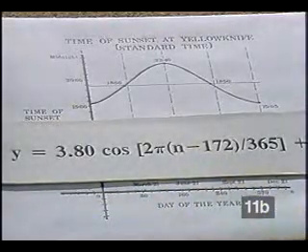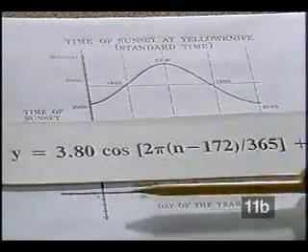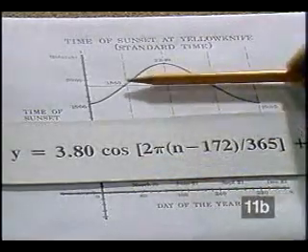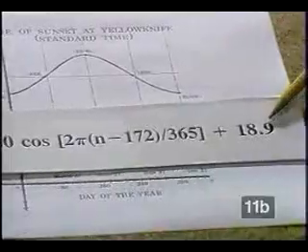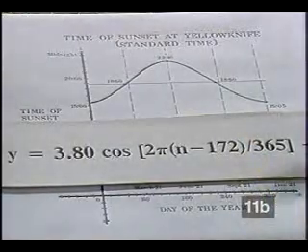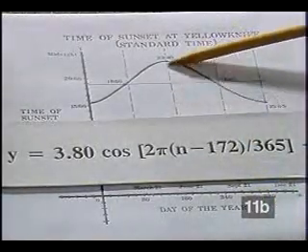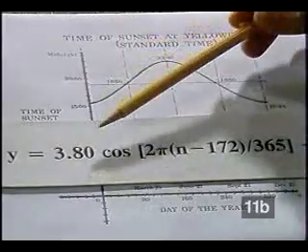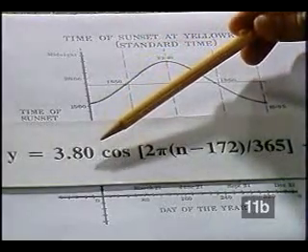In relation to the basic cosine curve, we can see that our curve has undergone a vertical shift of slightly less than 19 units. It's being translated 172 units to the right. And finally, we can see the amplitude is about 3 hours 48 minutes, or 3.80 hours.